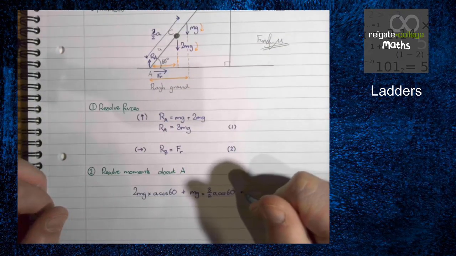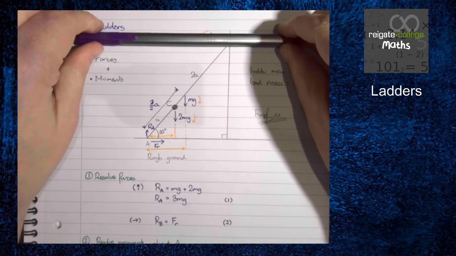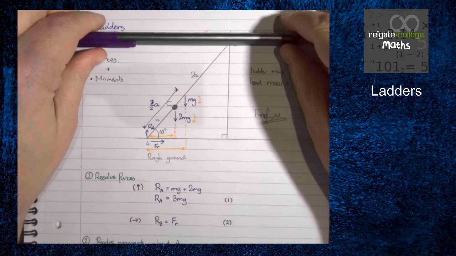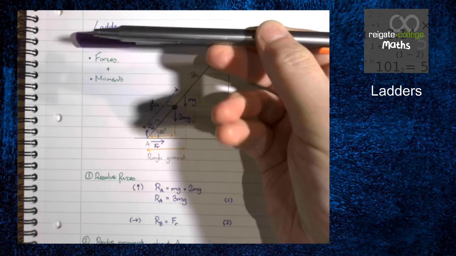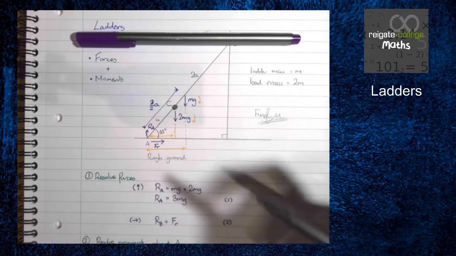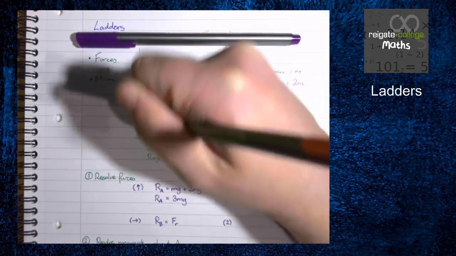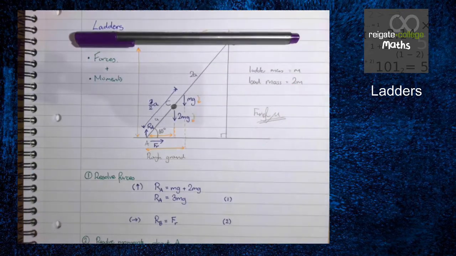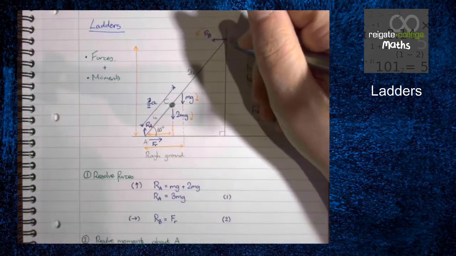So that's going to be equal to something involving RB. So RB, if we look, this is the line of the force here. So the perpendicular distance from this force to the point A is this distance here, which is the same as this distance here.